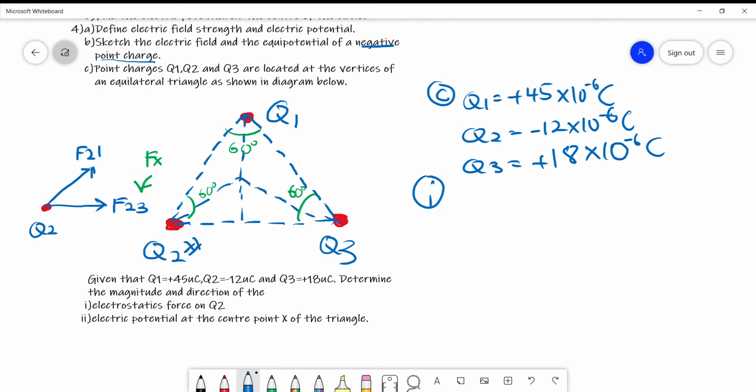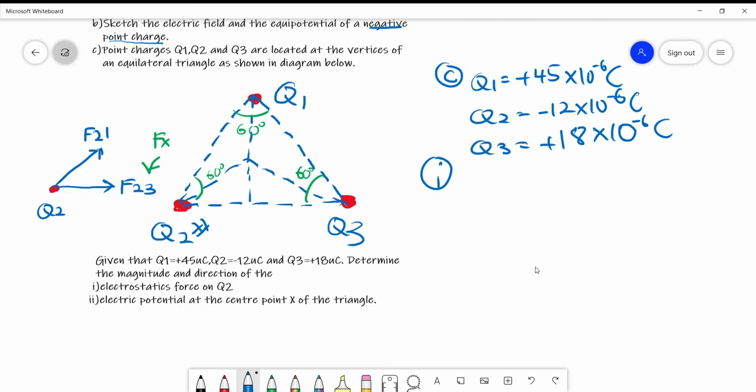So let's go through it step by step. Based on this diagram, what we need to do is find out the horizontal component. In this case, F23 is already in horizontal form.